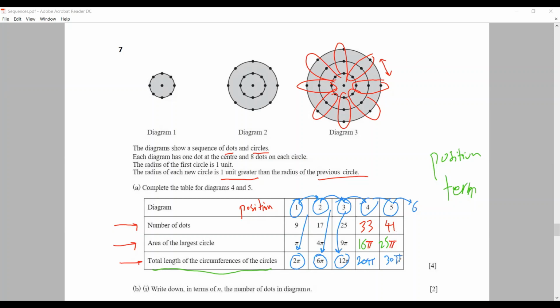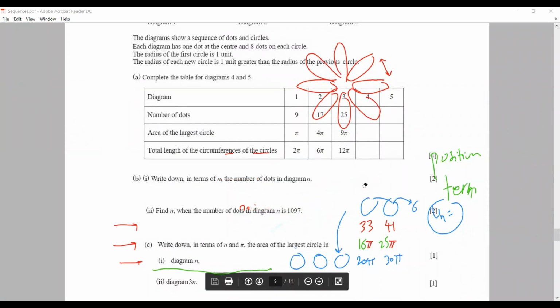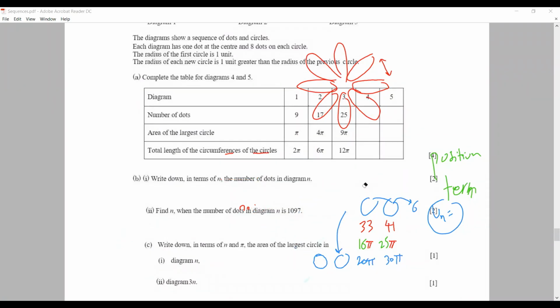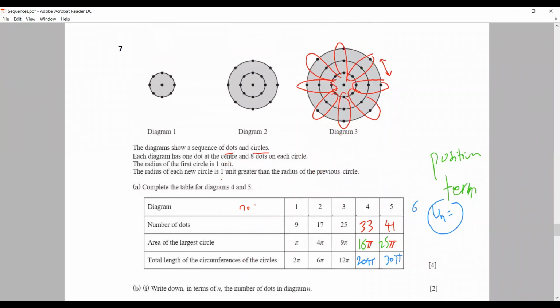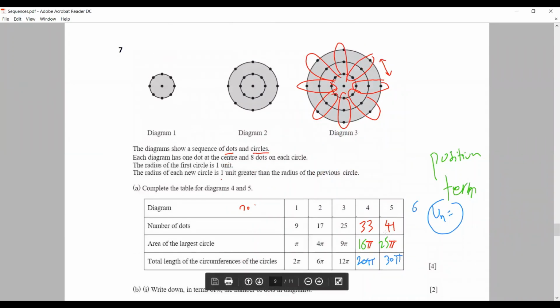So that's the pattern. Probably then they're going to ask us to find u sub n, or the nth term, for each of these in the following part. They say in terms of n, the number of dots in diagram n. So the number of dots, which was the first row. For the first row, what did we do? We just added 8, right, to the first term, which is 9.